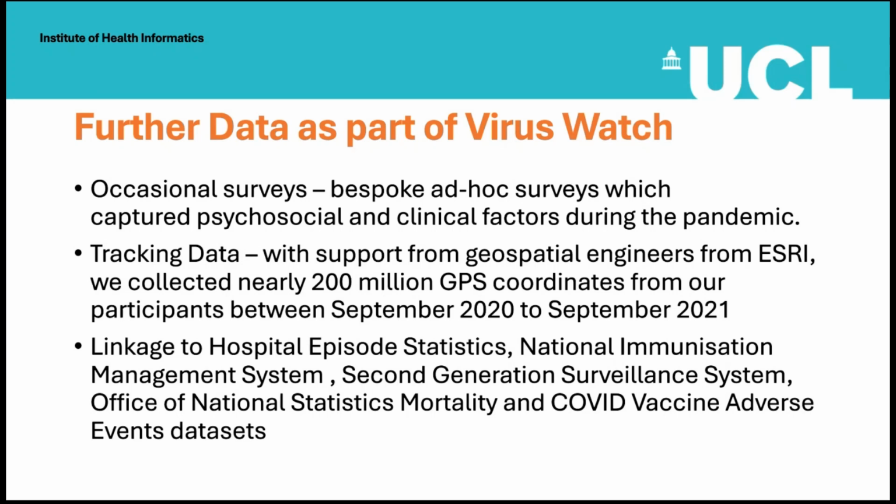This work was supported by the Space-Time Lab at University College, and the software and infrastructure was provided to us by the Environmental Systems Research Institute. And this work on movement went on to win the VirusWatch team an award, which we dedicate to all the participants who contributed nearly 200 million GPS coordinates. One of the best parts of this project was how proud one of the members of the Environmental Systems Research Institute was that they could help contribute towards our fight against COVID-19.